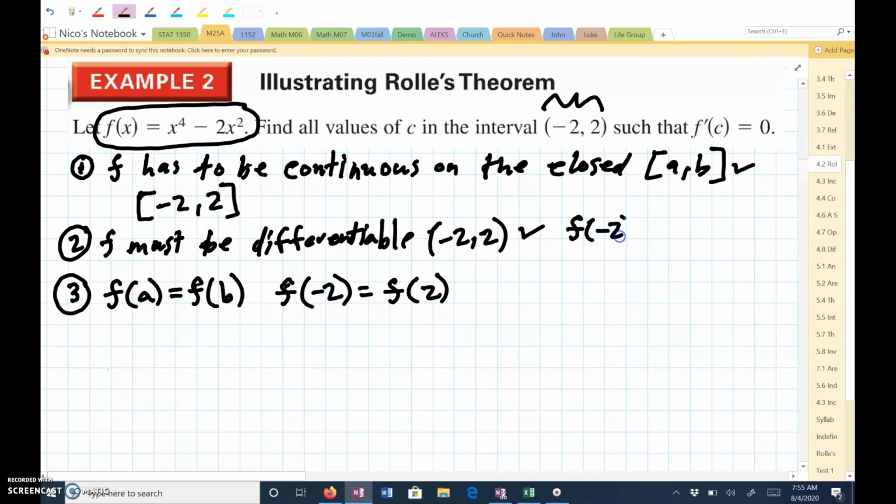F of -2 would be -2 times -2 times -2 times -2. That's going to be 16 minus 2 times -2 times -2, which would be 4. This is going to be 16 minus 8, which would be 8.